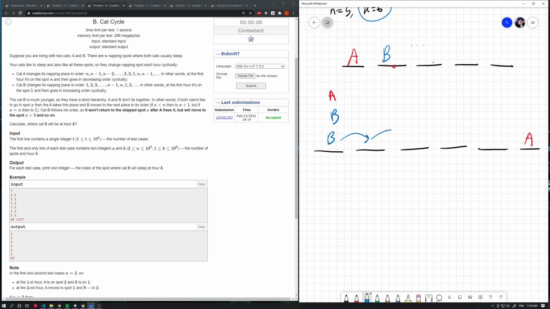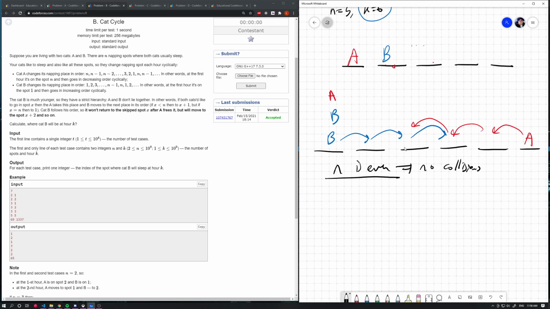B goes here, so after 2 time stamps, both of them move back here, and then they're going to keep on going without ever colliding. In general, if n is even, then there are no collisions, so you can just calculate where B is at time k.